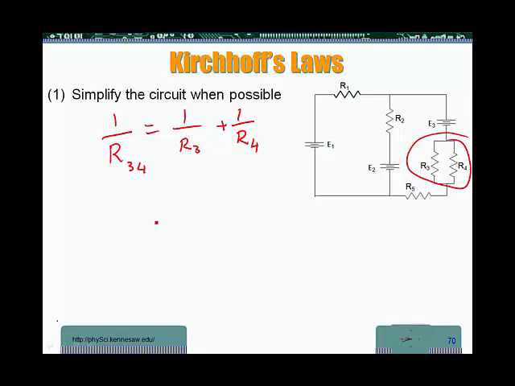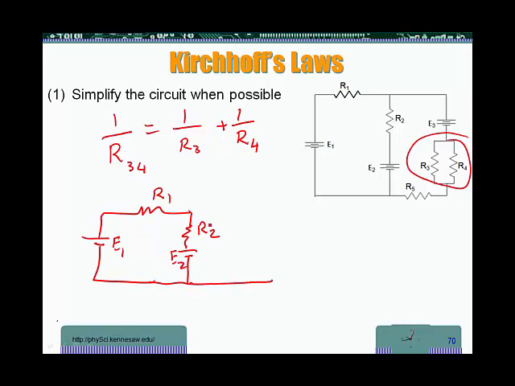And then once I do that, my circuit is going to change into this. R1, R2, this is E1, E2, and then I have E3, and then I have R23, R34.